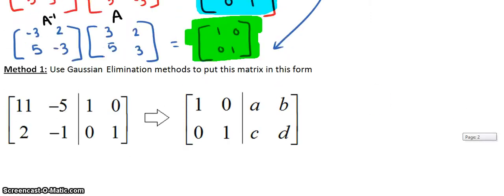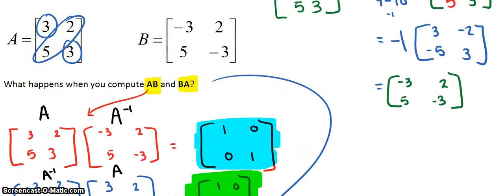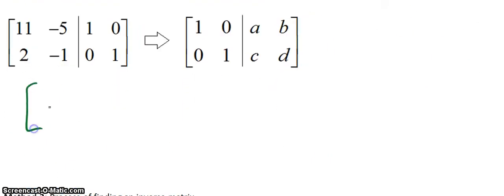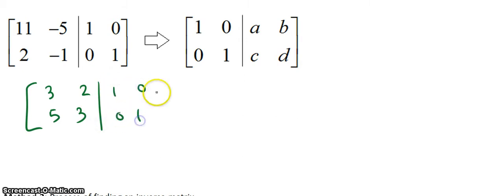I'm going to leave the example I gave you for you to try, and I'm going to try Gaussian elimination on this matrix here, that 3, 2, 5, 3 thing. And in order to get an inverse matrix, I want that when you multiply the two together you get the identity matrix, which is 1, 0, 0, 1. So another way to find the inverse of a matrix is to do Gaussian elimination on the original matrix such that you get 1s and 0s over here, but you're going to perform Gaussian elimination on this whole thing.